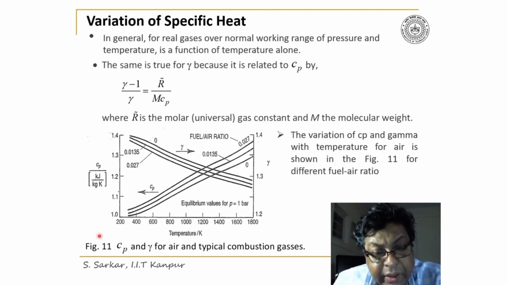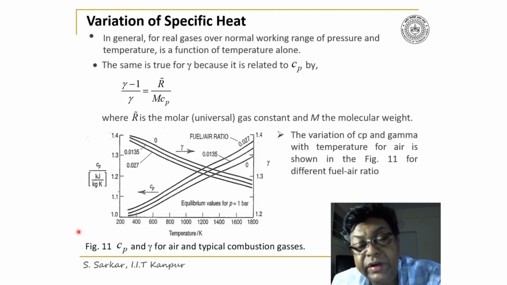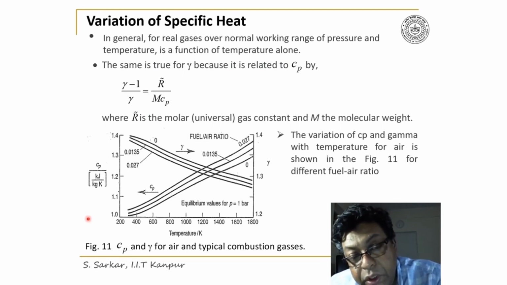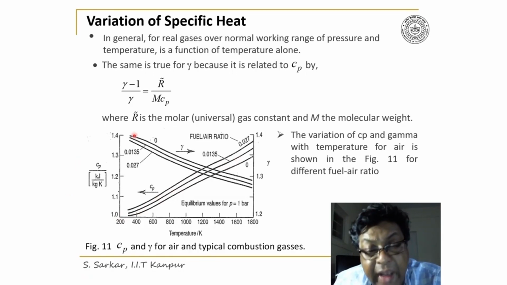So in figure 7, I have indicated the variation of Cp and gamma as a function of temperature for different fuel-air ratios. What can be illustrated is that Cp increases with temperature while gamma decreases with temperature.